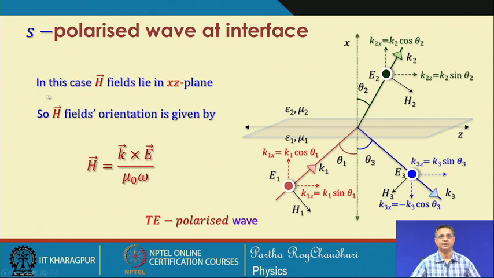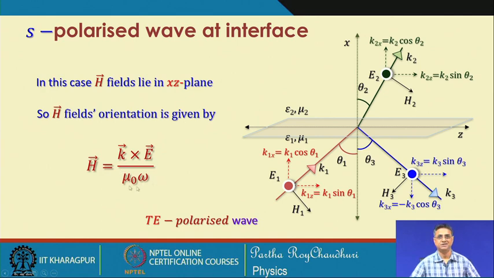In this case, this is the configuration where the electric field is parallel to the interface plane in the incident wave, in the refracted wave as well as in the reflected wave, and the corresponding magnetic fields can be determined from the electric field-magnetic field relation, that is H equals k cross E by mu naught omega.